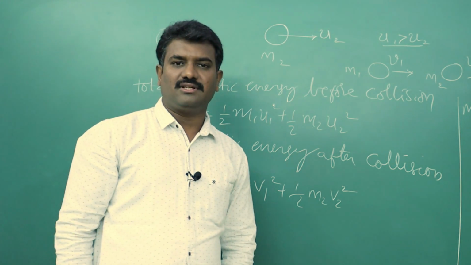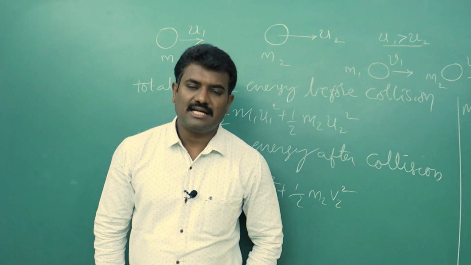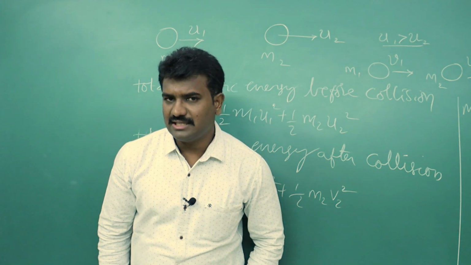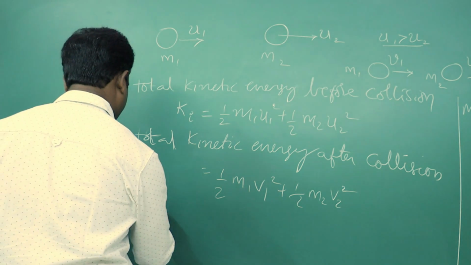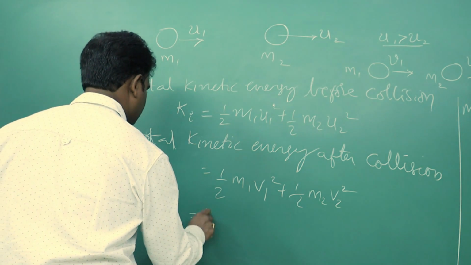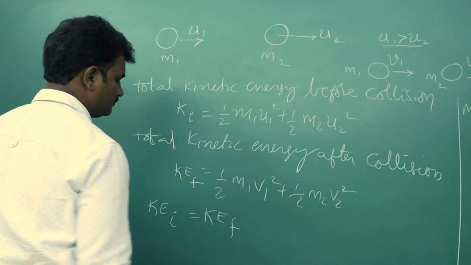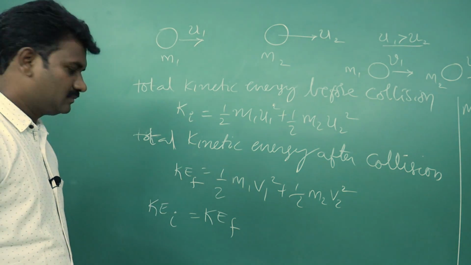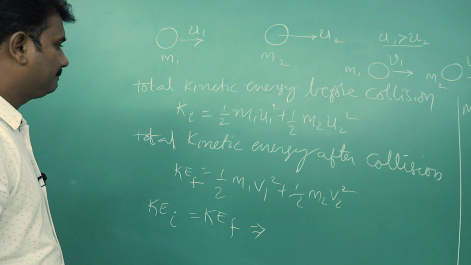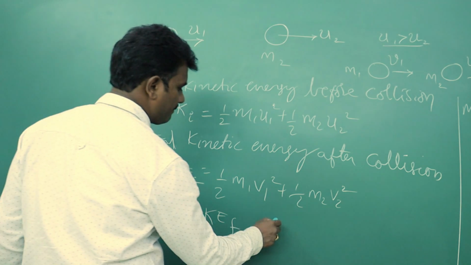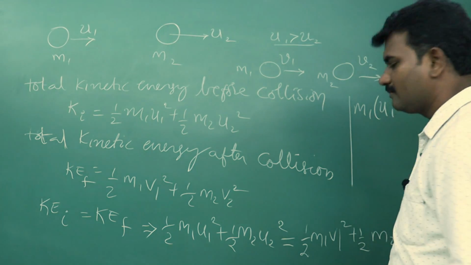As per our definition, the total kinetic energy is also conserved, means kinetic energy before collision must be equal to kinetic energy after collision. So I am going to equate these two. So that leads to, I have done nothing.